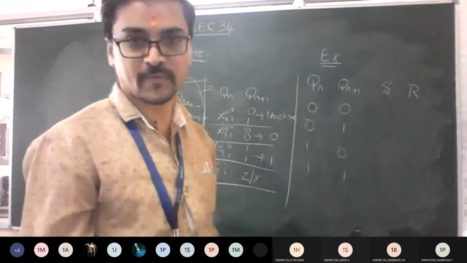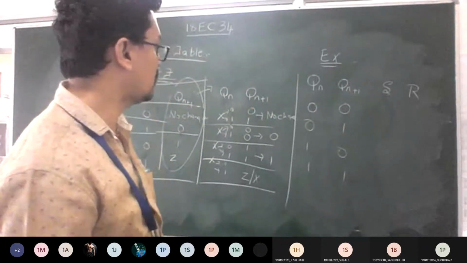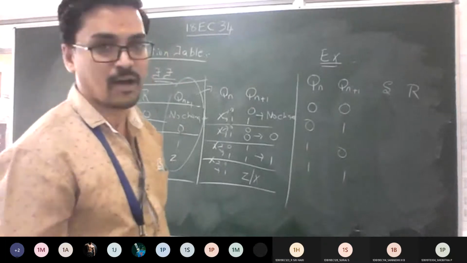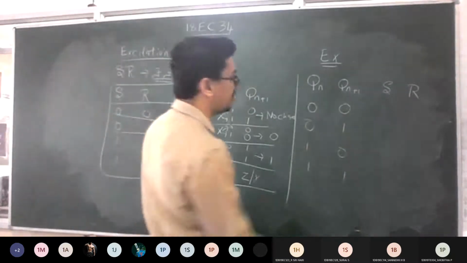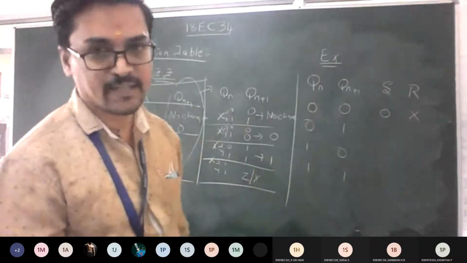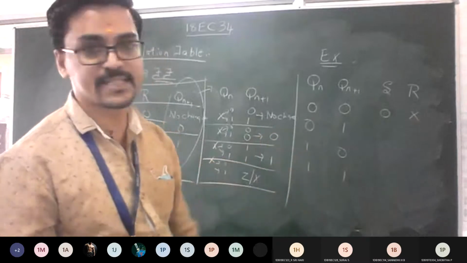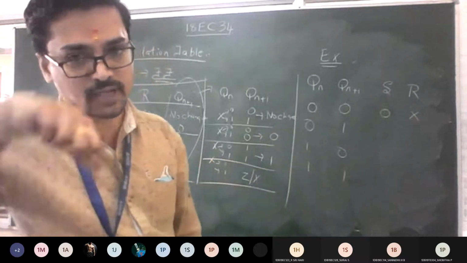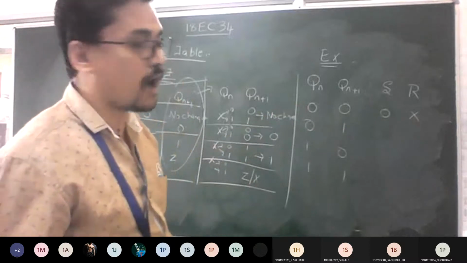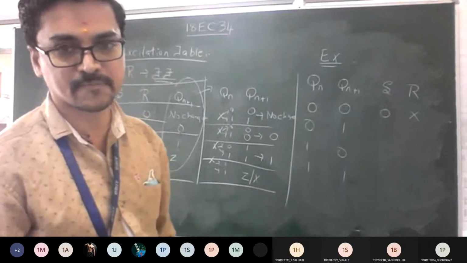Now the answer for the first is 0 and X. So the excitation table tells that for the 0, 0 input we are going to get 0, X as the output. Now the question is how we got 0 and X. Can anyone tell me how we got that 0 and X?